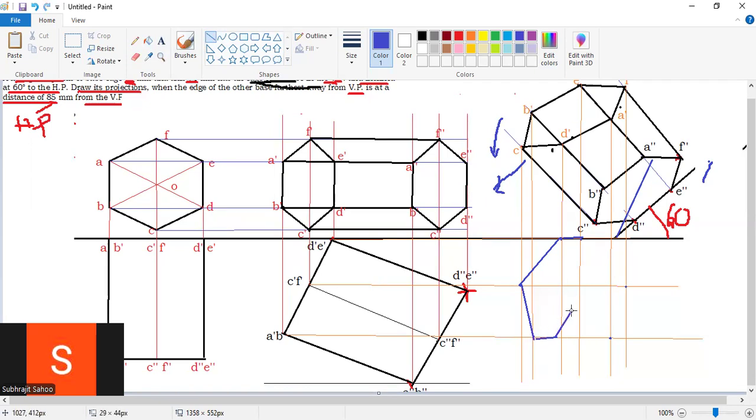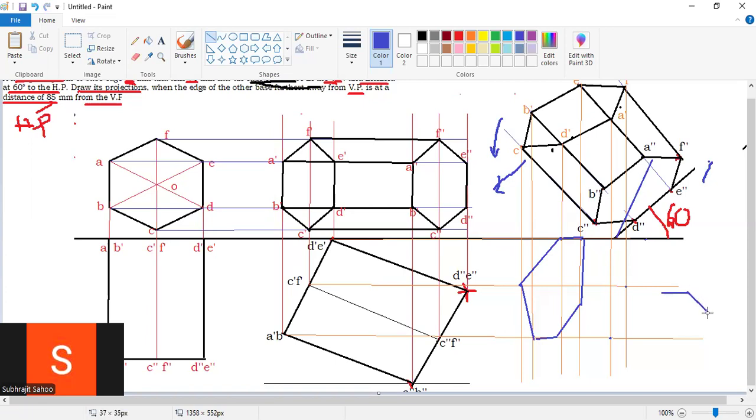Like this the diagram will come here. See, 1, 2, 3, 4, 5, 6, right? This side also the diagram will come like this. Here you have to draw the projection lines, this side also.